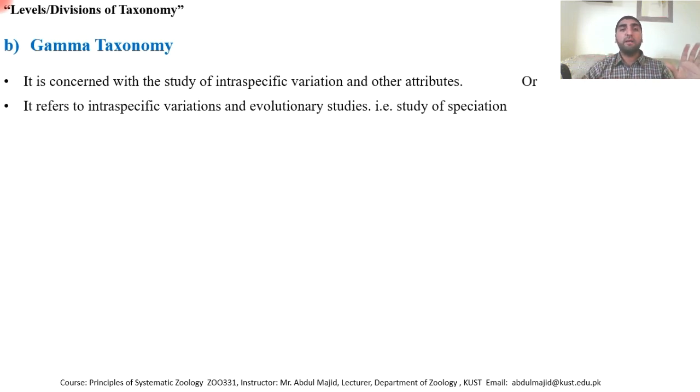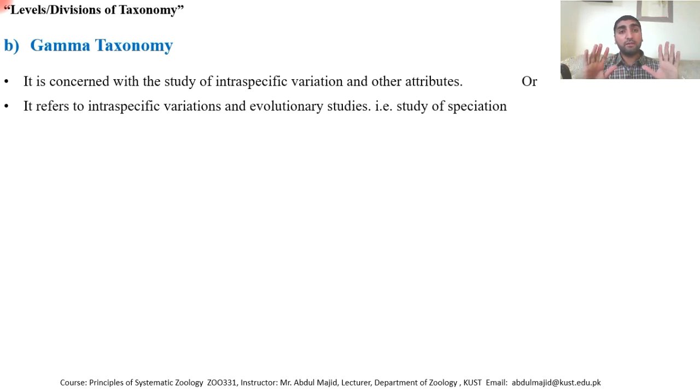For example, in population number 3, there is an abrupt mutation, and it passes to their offspring, and differentiation occurs in them. And when you study these 5 populations, number 1, 2, 3, 4, and 5, there are now differences inside these populations.